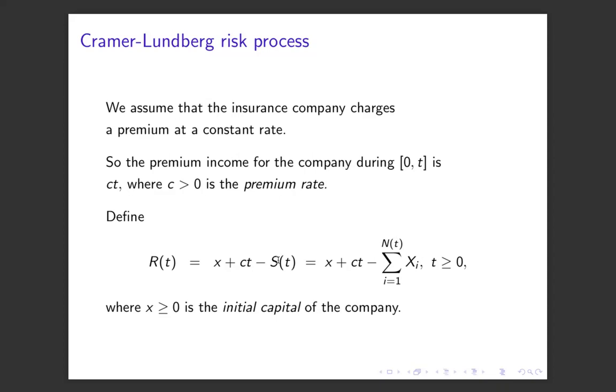So between any two WIs, let us say closed at the lower end and open at the higher end, that is, closed at W1 and open at W2, this ST remains a constant. It doesn't change. And between W1 and W2, X plus CT is increasing.